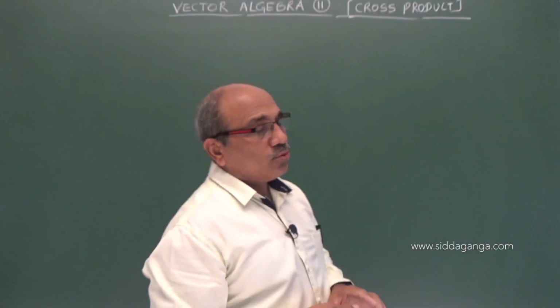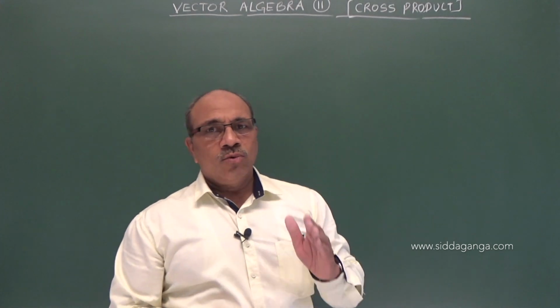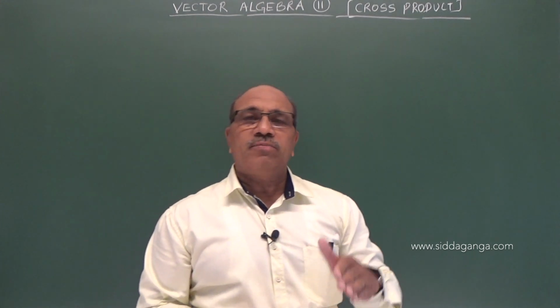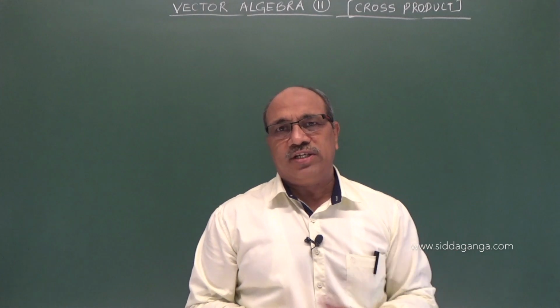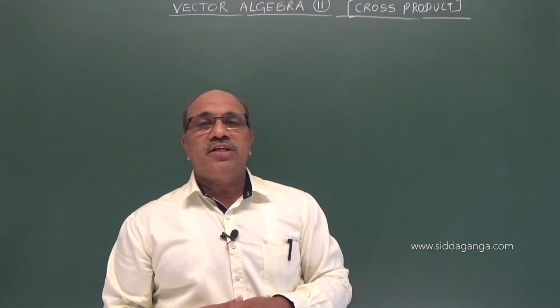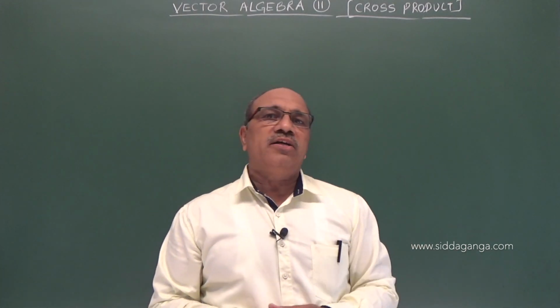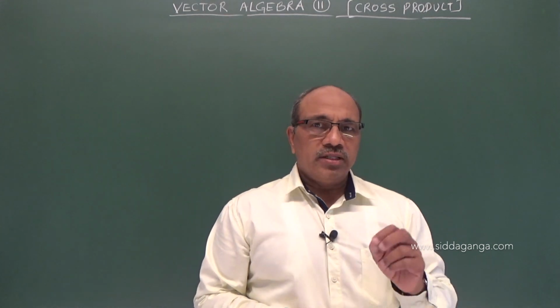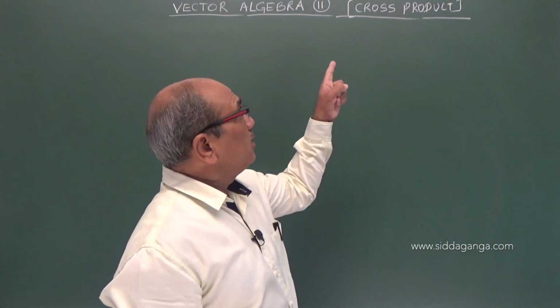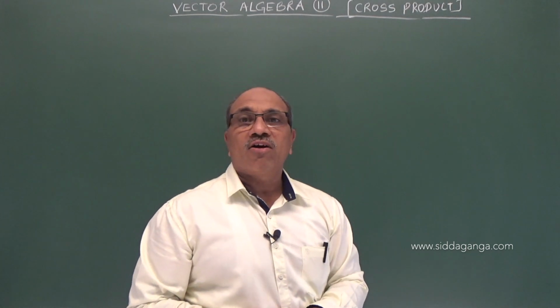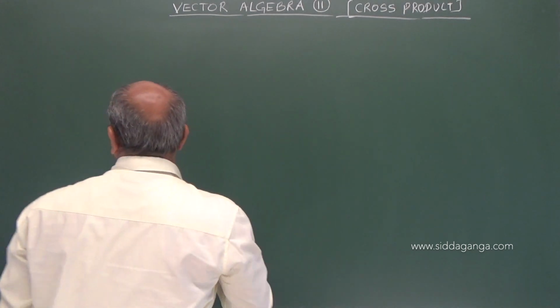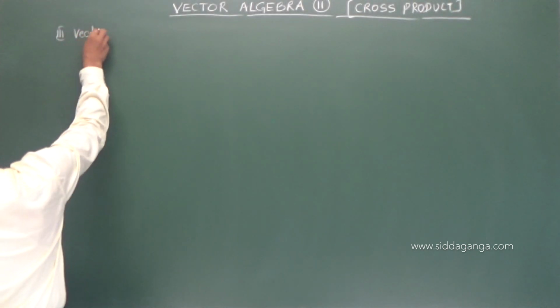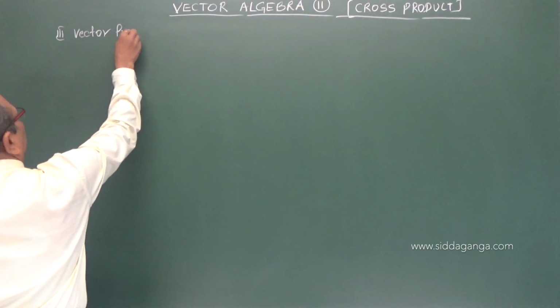Now we are coming to the product where one physical quantity which is a vector is multiplied with another vector, and the third physical quantity which comes has both magnitude and direction. Then we call such a product a cross product or vector product. Vector product or cross product of vectors.